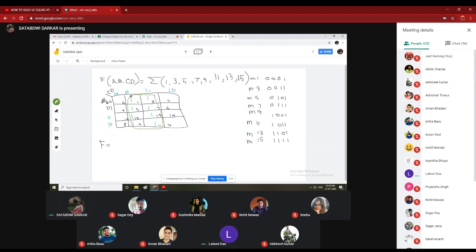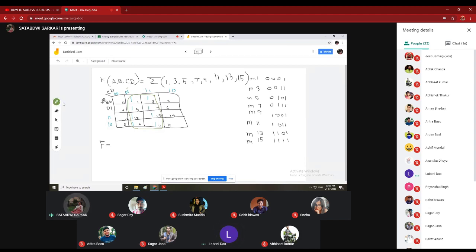Okay. Now tell me what will be the minimized form from these 8 cells or from this grouping. 0, 0, 0, 1 and 0, 1, 1, 1, 1, 1. So here first see what is changing and what is not changing.